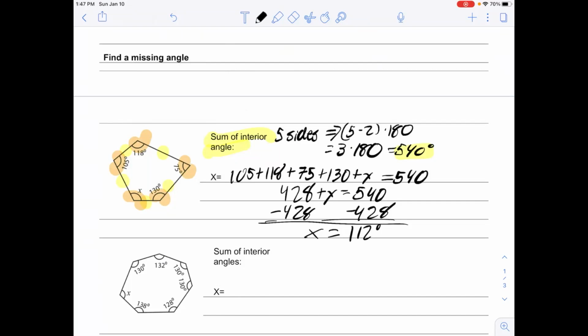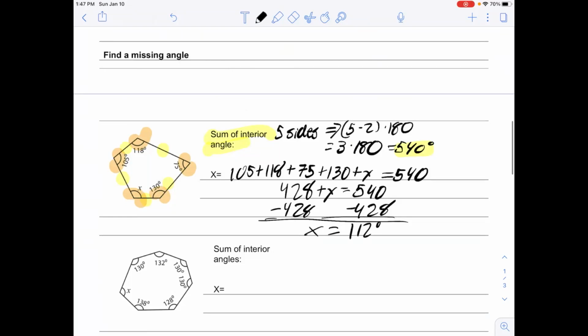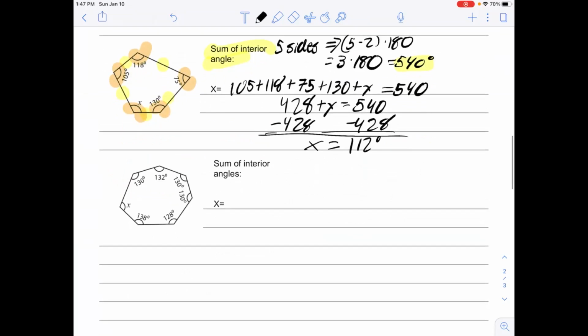This is the most important part of finding the sum of the interior angles. And this is what your homework and quiz are going to look like. So first, finding the sum of the interior angles. That involves counting how many sides there are and figuring out how many degrees it all has to add up to. So if I count, I have 1, 2, 3, 4, 5, 6, 7.